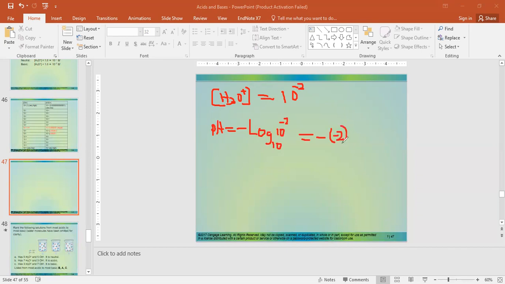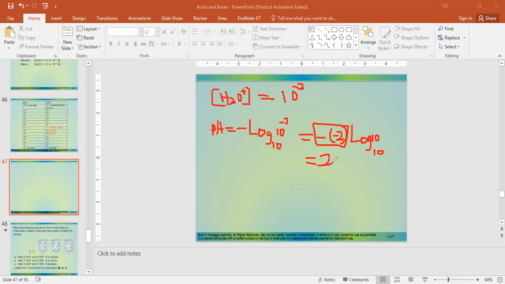Can you see where the negative 2 is coming from? Then logarithm of 10 to base 10. And we say that the logarithm of a number to the same base is 1. Therefore, the answer is coming from here. So what is the pH? 2. The pH is 2.